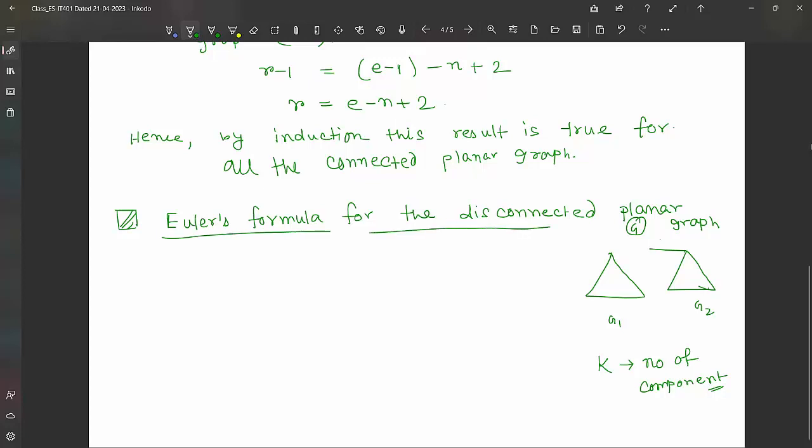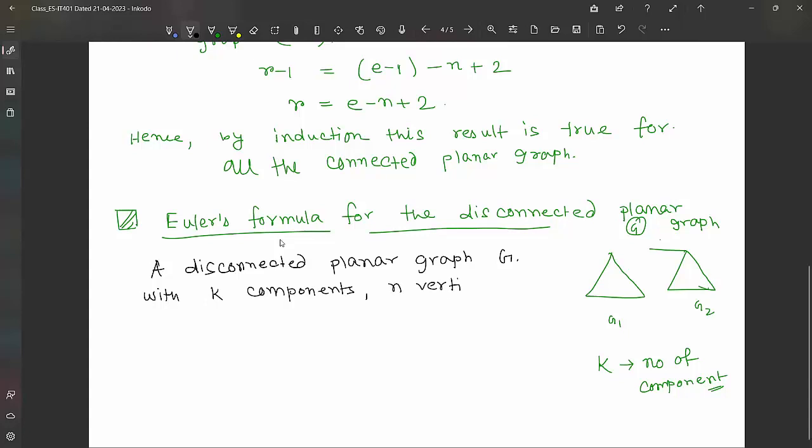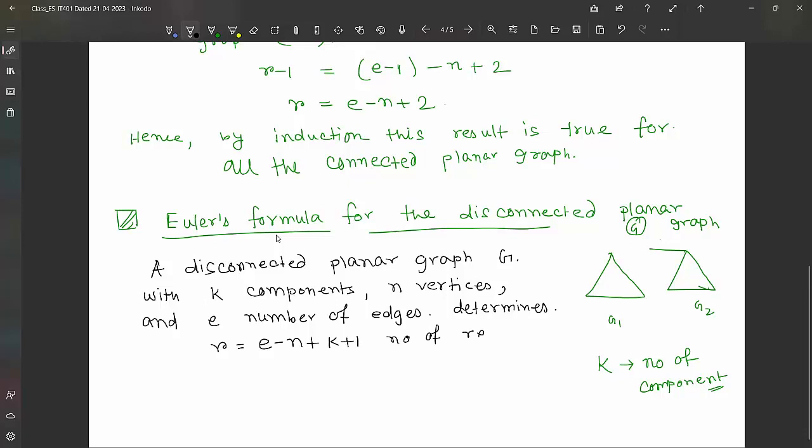Now Euler's formula for this type of graph says that a disconnected planar graph G with k components and n vertices and e number of edges determines R is equal to e minus n plus k plus 1 number of regions.